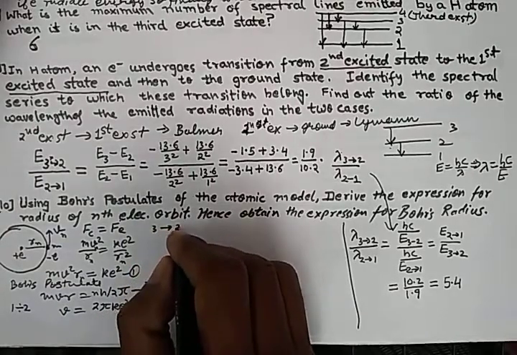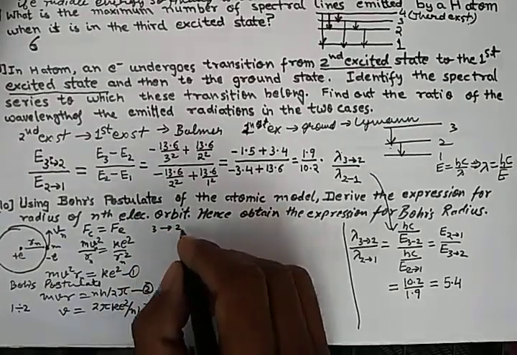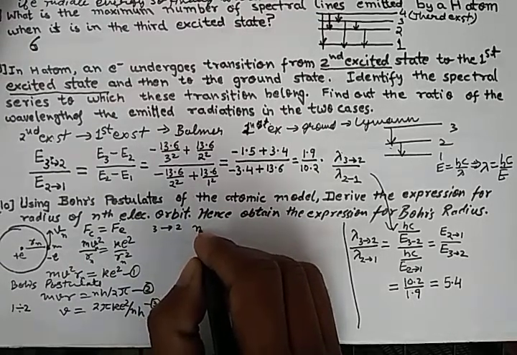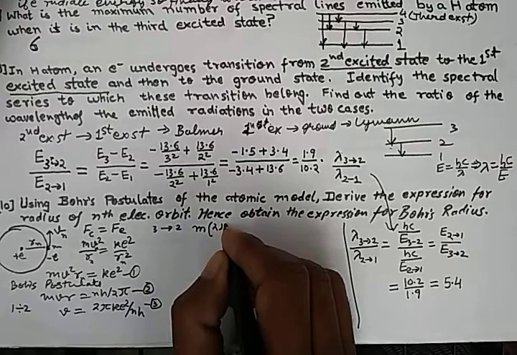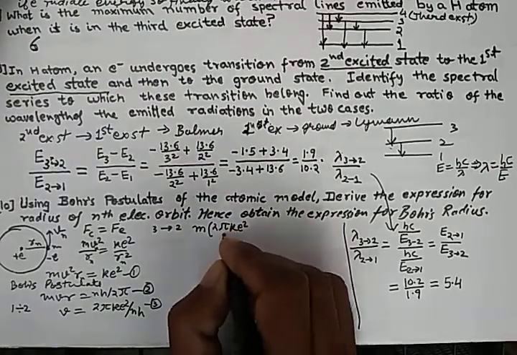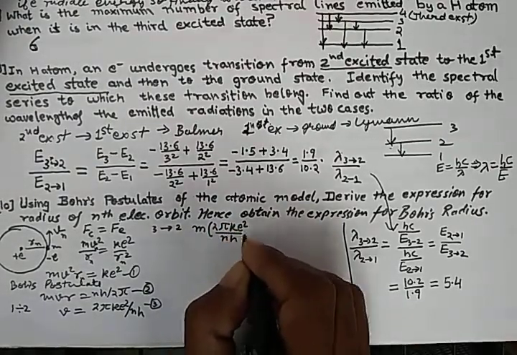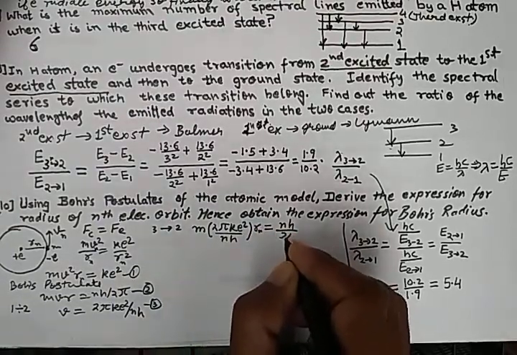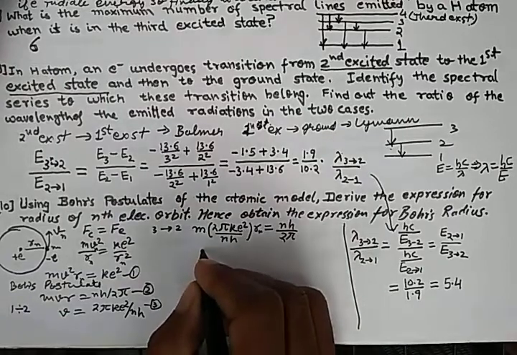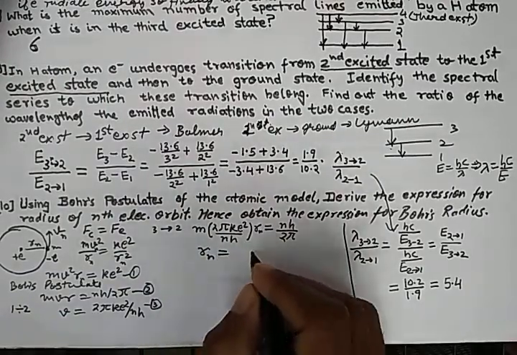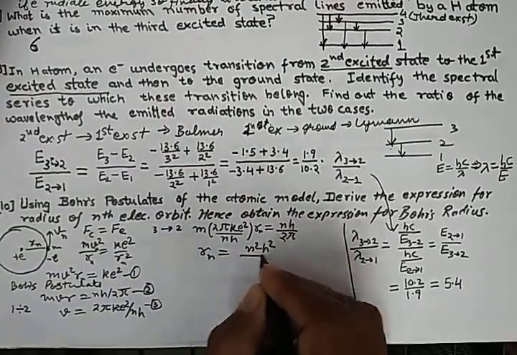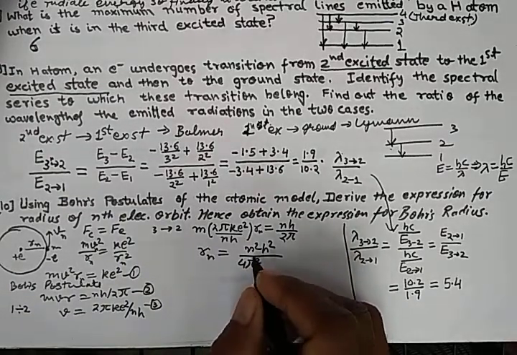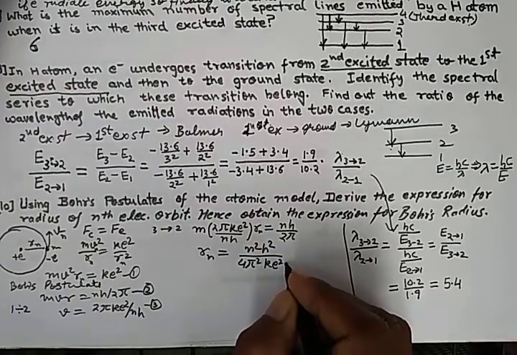3 into 2, so it will be m 2 pi k e square upon nh r_n equal to nh upon 2 pi. So r_n equal to n square h square upon 4 pi square k e square m.